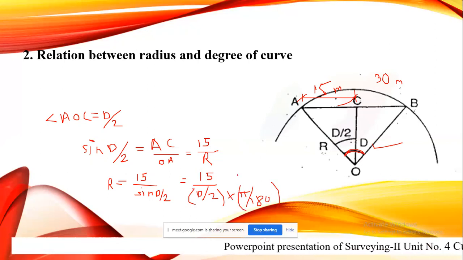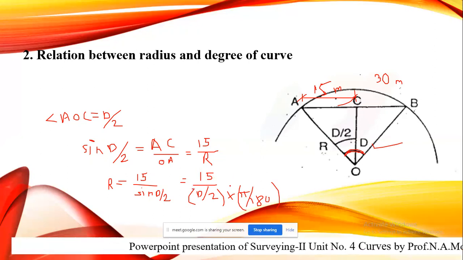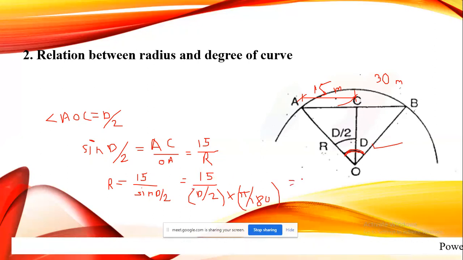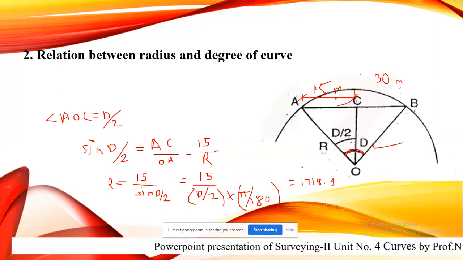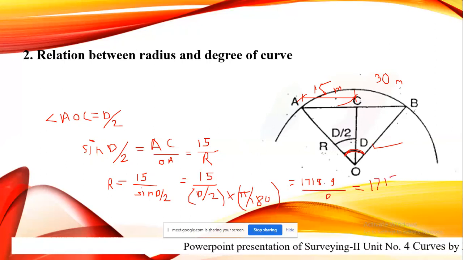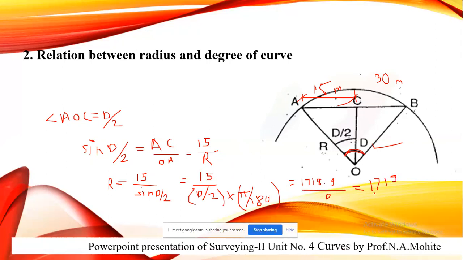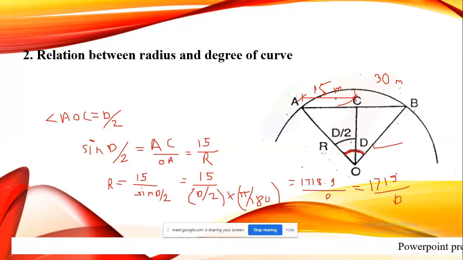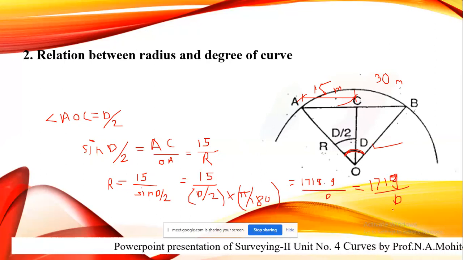After solving this, we get a value equal to 1718.9 divided by D, which we generally take as approximately equal to 1719 divided by D. So this is the relation between radius of curve and degree of curve.